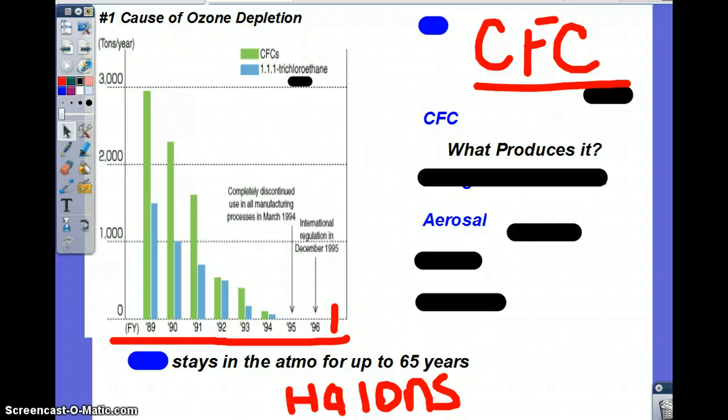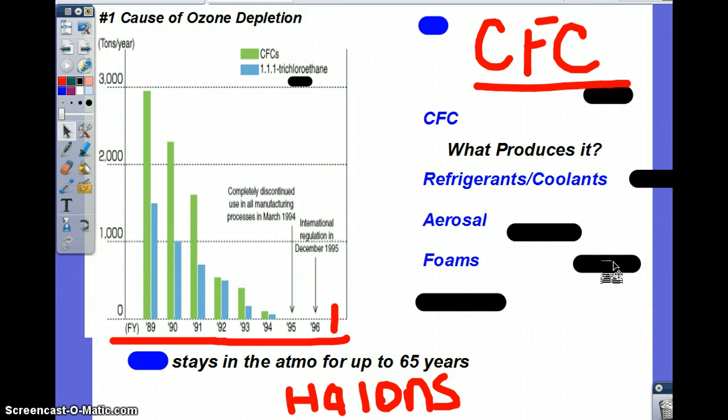So besides aerosol cans, what else produces CFCs in the atmosphere? Chlorine. Well, that's part of CFC, chlorofluorocarbon. What puts that compound in the atmosphere? Refrigeration, all coolants. Also foams, and so your packaging material in the past used to be full of CFCs.